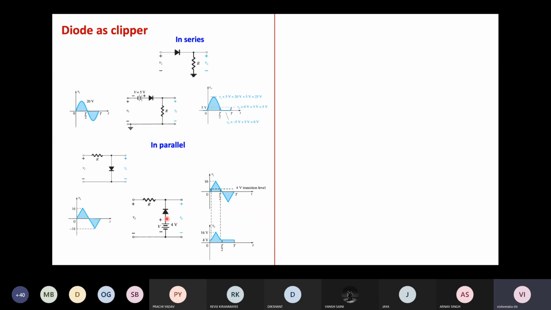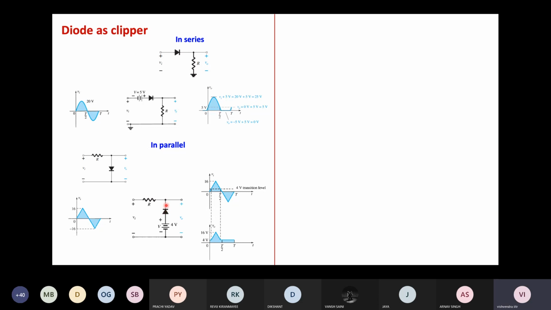That whenever the voltage on the P terminal of the diode, this arrow sign, is positive, the diode is short circuited. And if the voltage is negative here, the diode is open circuited. Similarly, when the voltage is positive on the N terminal, the diode is reverse biased, open circuited.